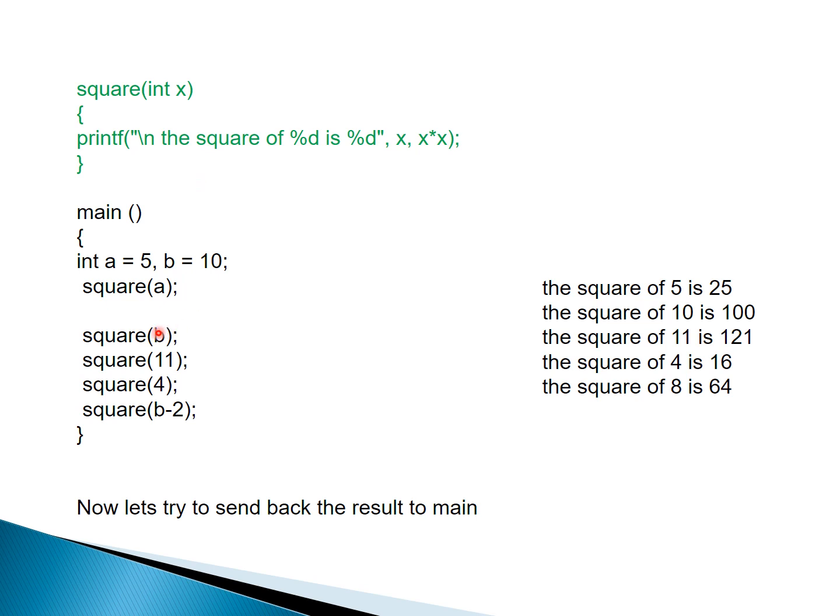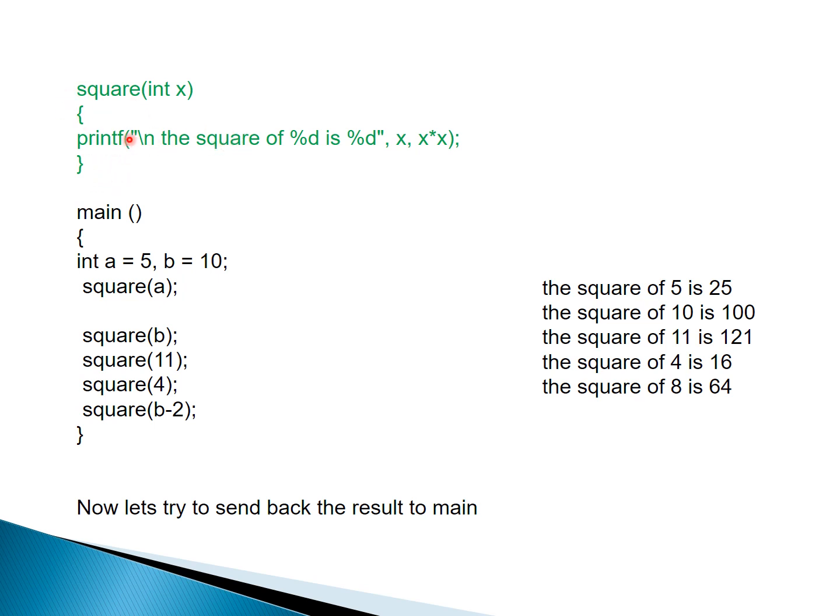Similarly, the value is sent to the square function and the value is printed here. Similarly, this one, and we print the square in the square function. Similarly, this one, we send a value and the result is printed in the square function.